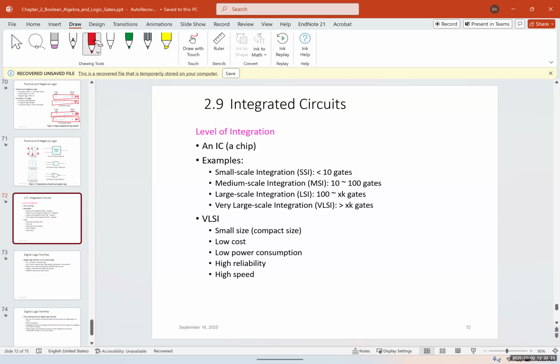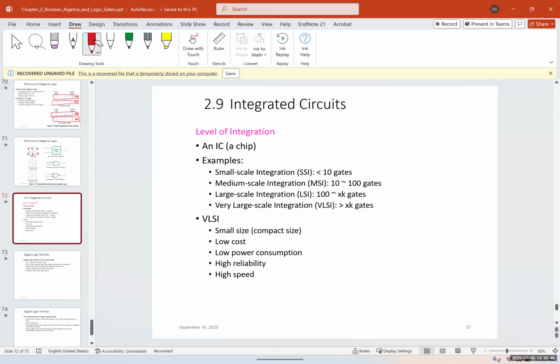We obviously have systems which pack more gates into an IC. They are small size, low cost, low power consumption, high reliability, and high speed. In the lab, one of the ICs that you saw the other day, the 7404, I think it was, packed 6 NOT gates.